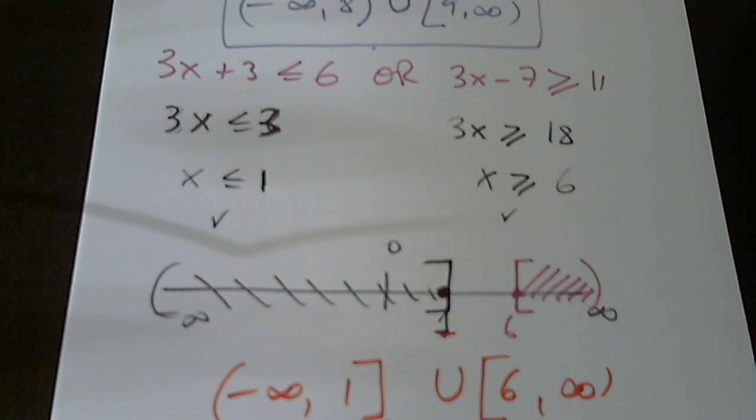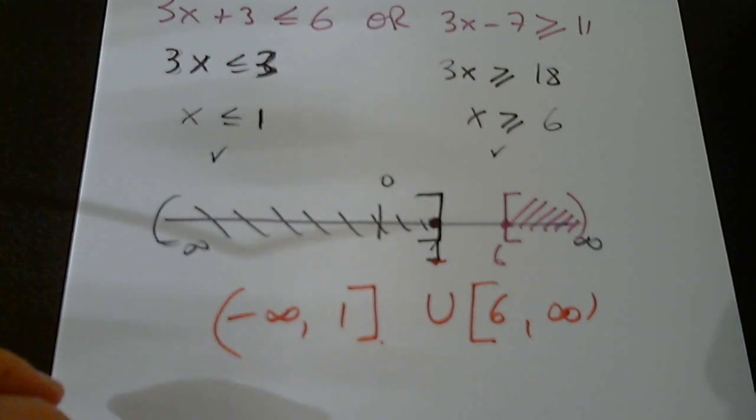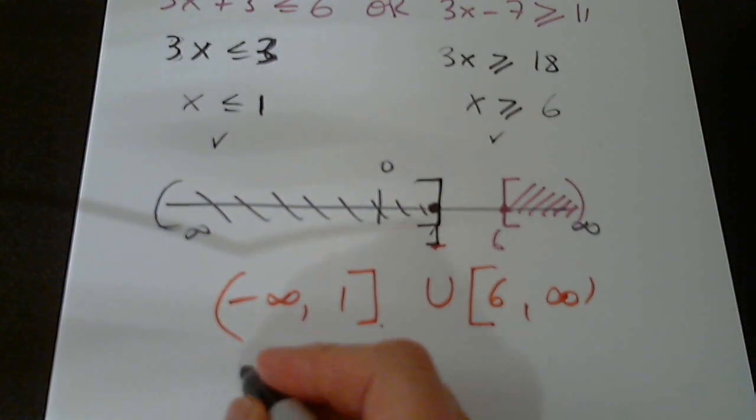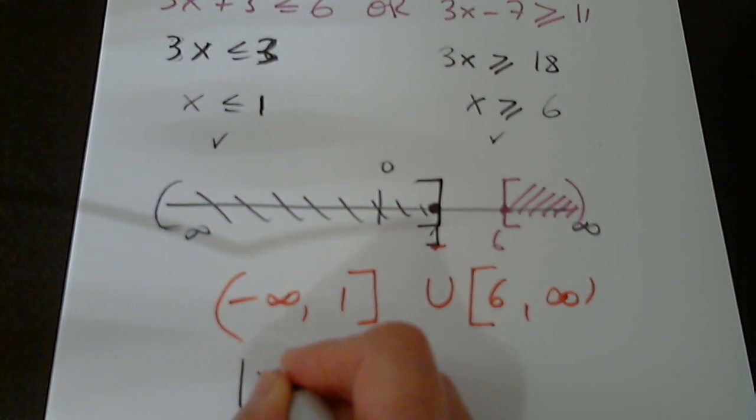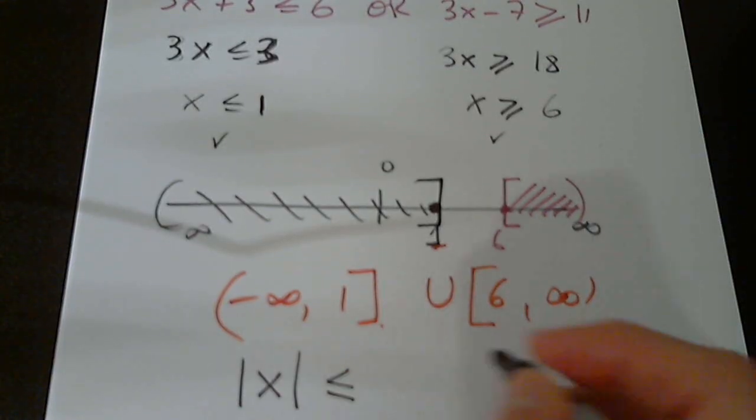Now we're getting into absolute value inequalities, and I need to explain the theory behind it. Again, this is a portion that is not trivial, so please pay attention. There are two possibilities. The absolute value of x to be less than or equal to a number.